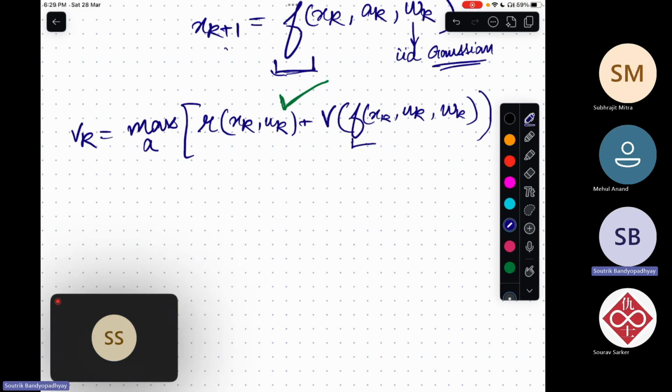If you were able to know this function and the disturbance, it would be easier solving this equation.